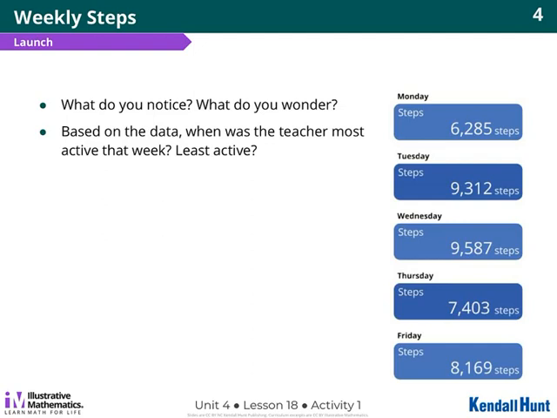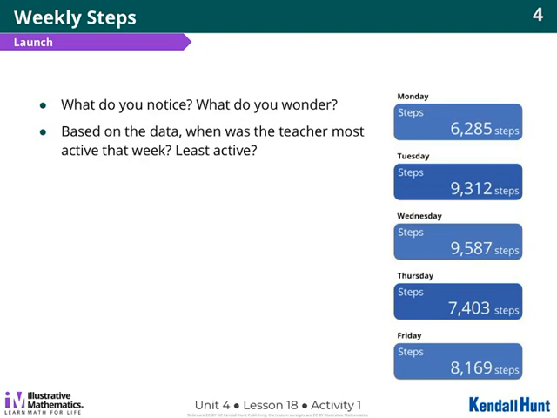Kira. I wonder why she tracked her steps. That's a really good question, too. You can have a magic ticket. Okay, Kate. I wonder why she got so much less on Monday. I was wondering that, too. You could have a magic ticket, too.